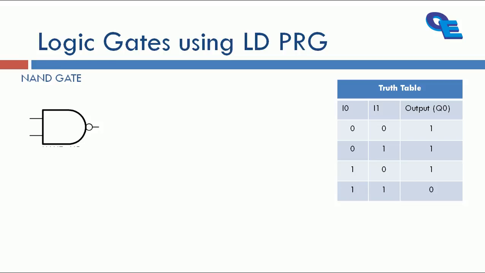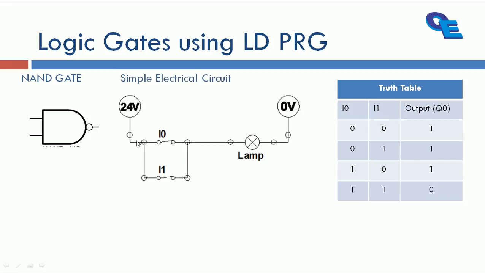One condition you have to check: both are low, output should be high. Any one of the input is triggered, output should be high. The circuit will be like this. Two normally closed switches I have taken here, and one lamp is connected in series with this parallel combination.